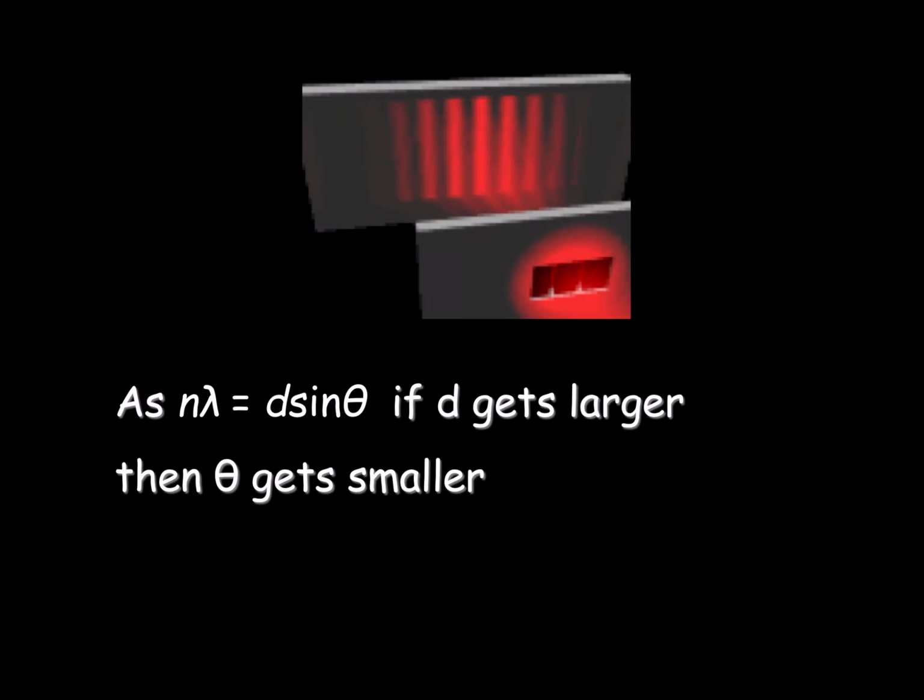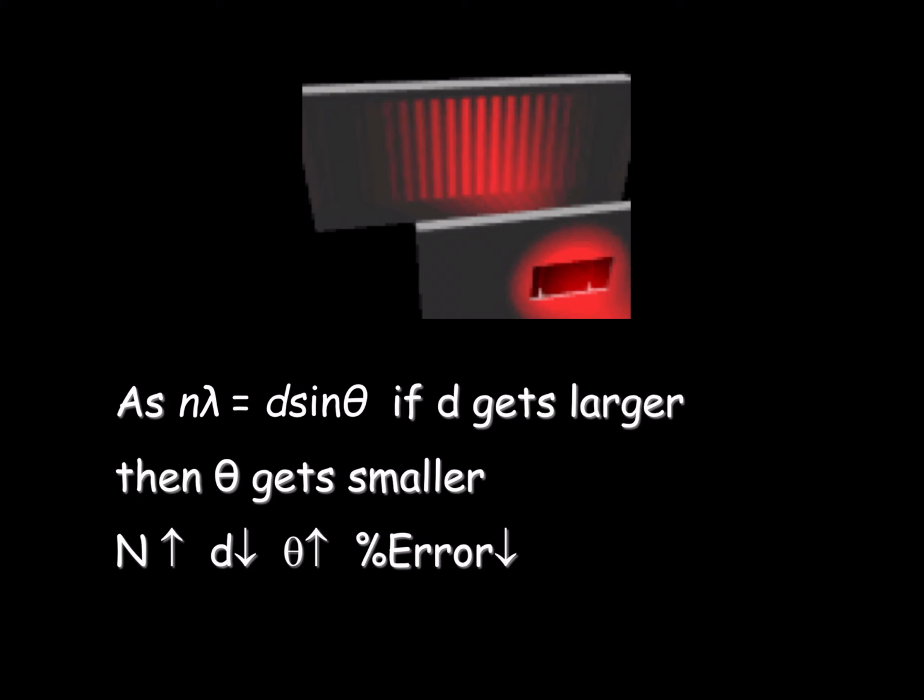So if you increase the number of lines per millimetre in a diffraction grating, that means the distance between the lines is less. The more lines, less distance. If there's less distance, you get a greater angle, and a greater angle means a lower percentage error. You get a better experiment. You get a more accurate result.